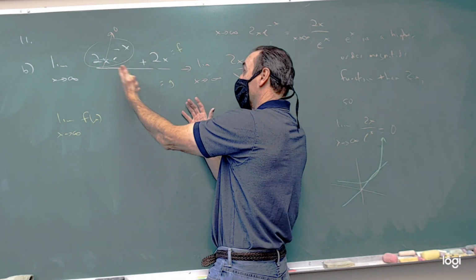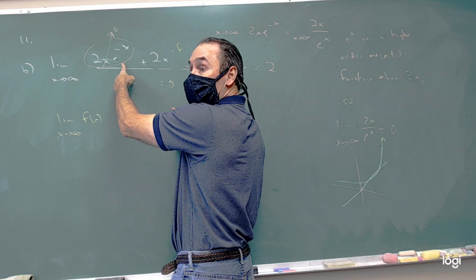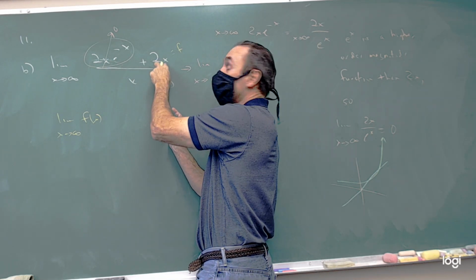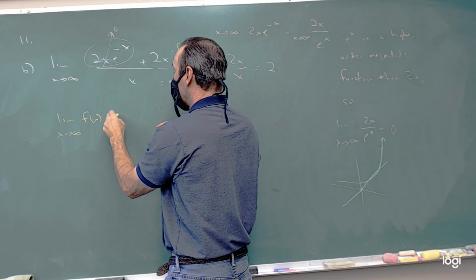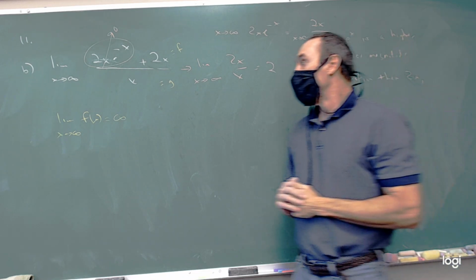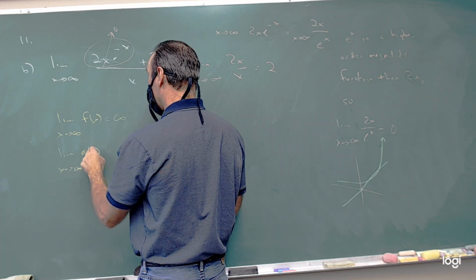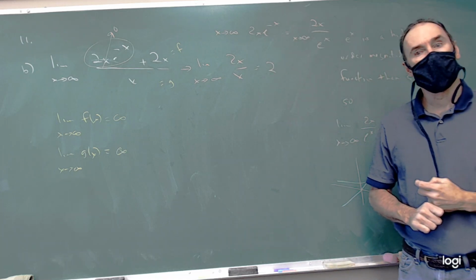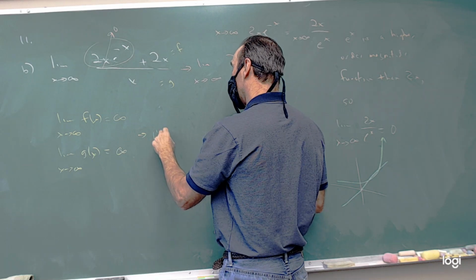I'm not really sure what this is doing, but it's not negative, so whatever is contributing is going to be positive. And this is clearly getting huge as x goes to infinity. And so that, I'm convinced, is really going to be infinite. And then likewise, the limit as x goes to infinity of g of x, our denominator function, is clearly going to infinity as x gets huge. So then this allows us to use L'Hopital's rule.